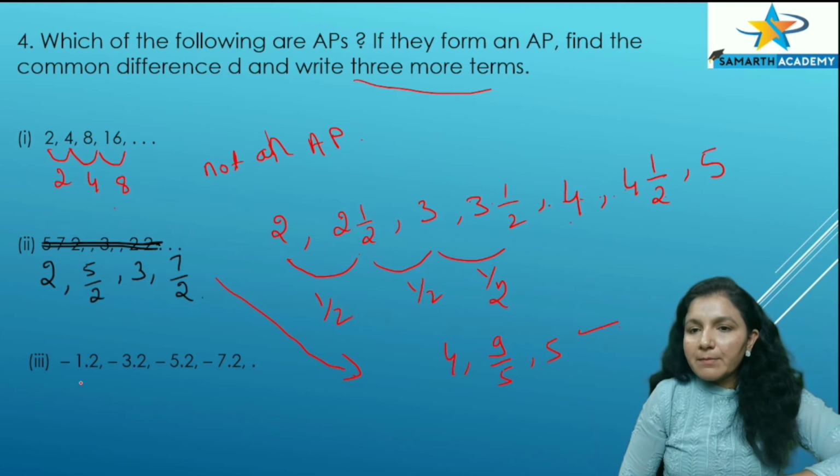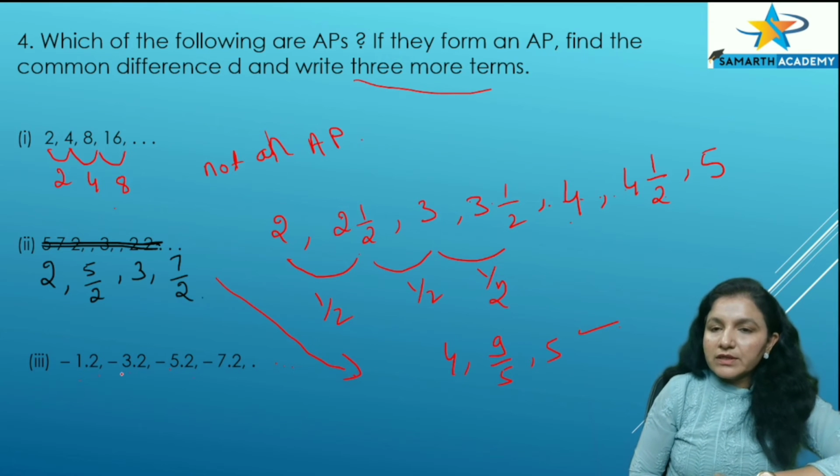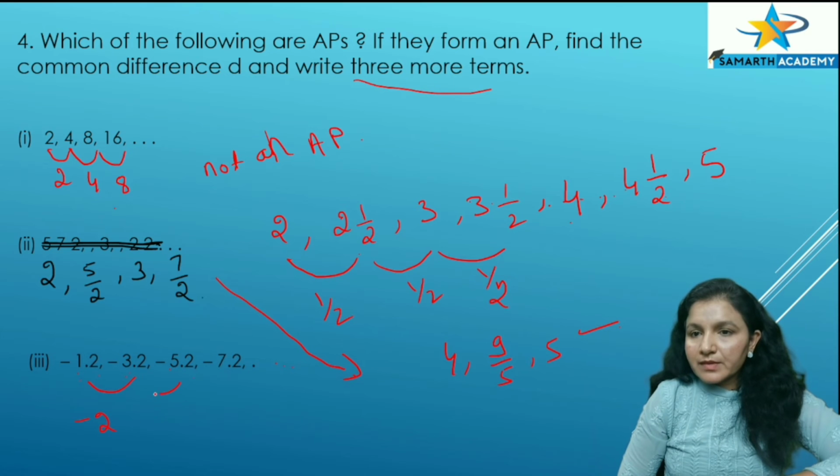Now question 3. Minus 1.2, minus 3.2, minus 5.2, minus 7.2 and so on. First let's see whether they have a common difference. Minus 3.2 minus of minus 1.2, what's the difference? It is minus 2. Again here minus 5.2 minus of minus 3.2 becomes minus 2.